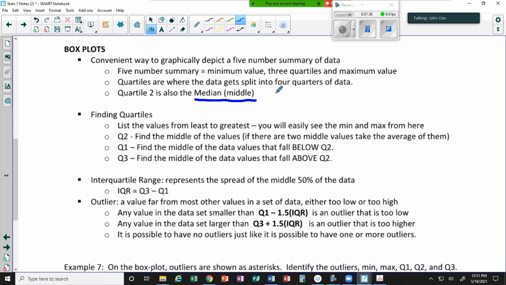Now, if it's even, then you have to take the middle 2 and average them. So if there's 10 pieces of data, you count 5 in on each side, and you take those 2 numbers and you average those 2, right? So remember to average them, you add them up, divide by 2. Okay, so that's how you're going to find the median, which will be quartile 2.